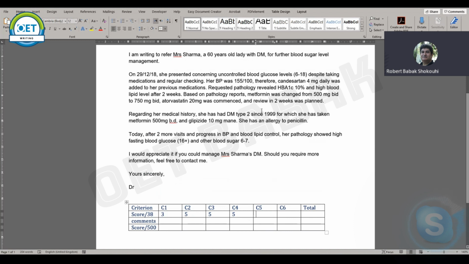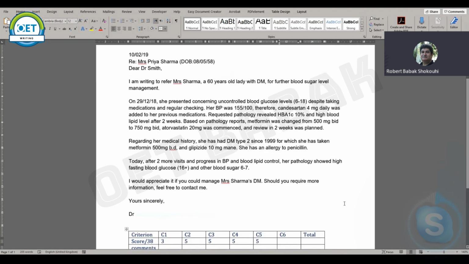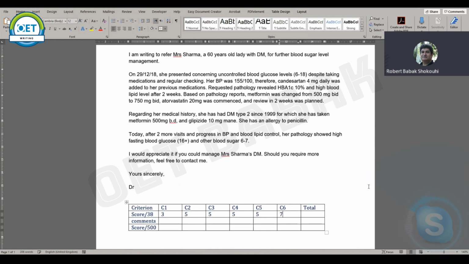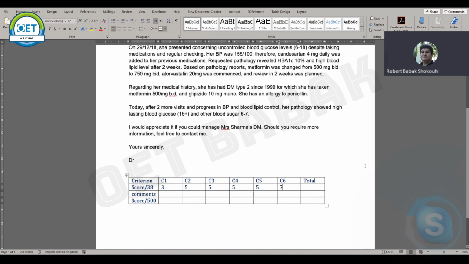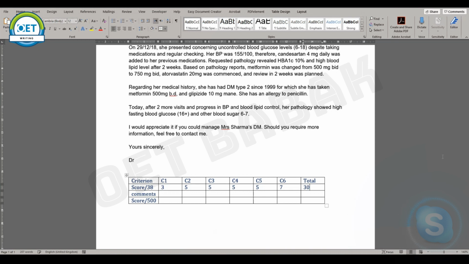Well, again, I would say it is much, much, much better. What I would say, I'm afraid we have to say 5 again. And language and grammar, you don't have any grammatical mistakes, and most of the language is appropriate and precise. So you get full 7 here. So basically, that would be a 30 out of 38, which is quite good.